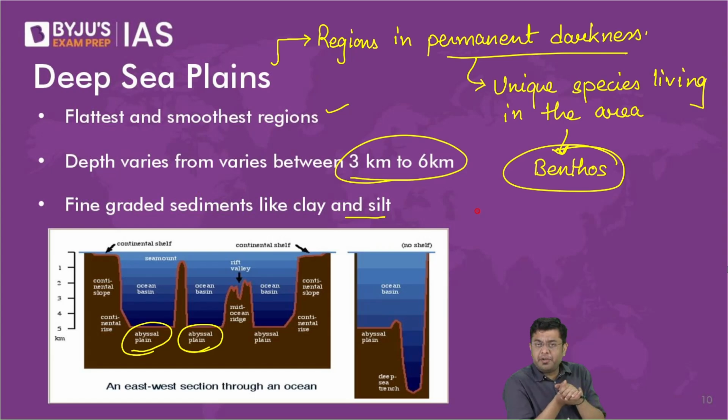For example, you will find that their eyes are particularly larger in order to help them look into the conditions of permanent darkness. You'll find that their skull is very hardened. The body is very, very thin because at that particular depth, the amount of pressure will be very high.